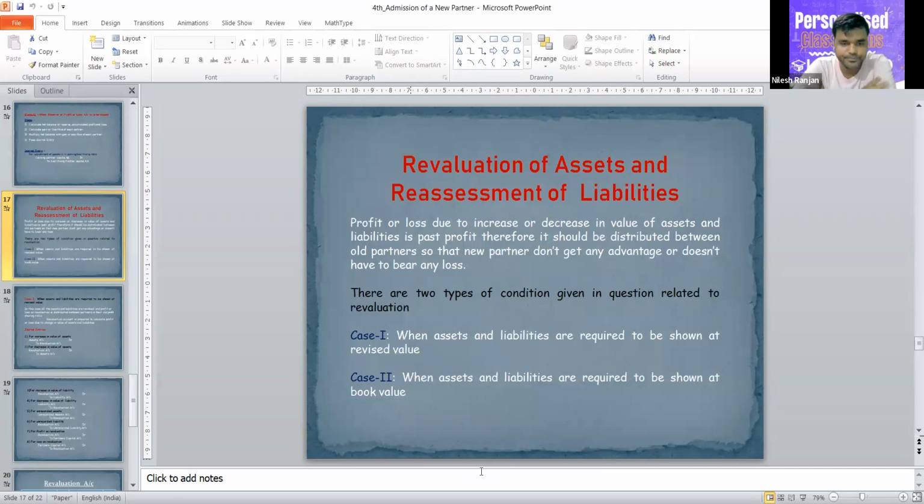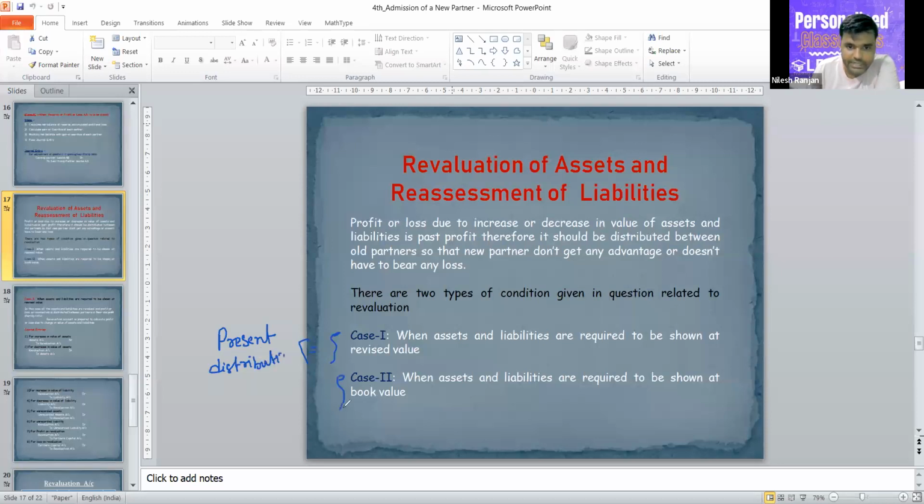Now, there are two types of condition given in questions related to revaluation. The first one is when assets and liabilities are required to be shown at revised value, meaning the first concept where we distribute the profit in the present. Yes, sir, it is present distribution.